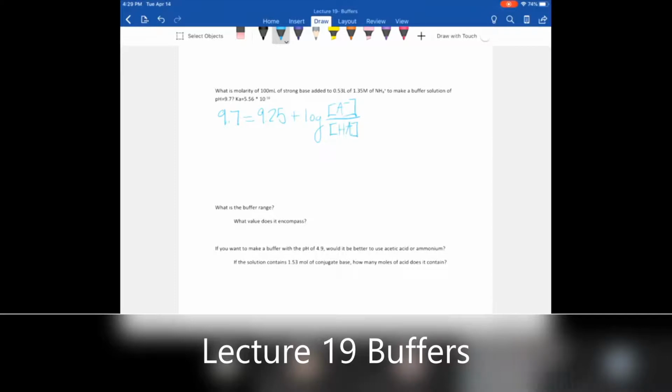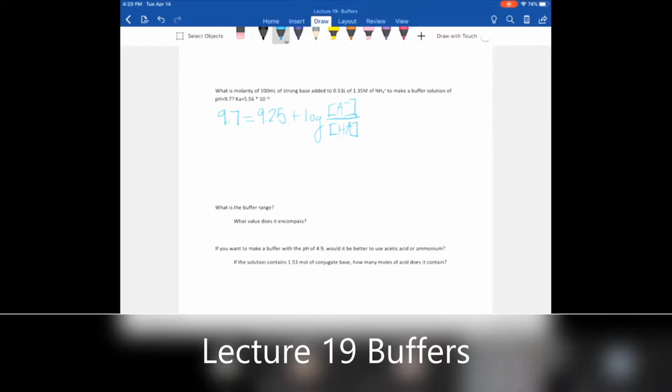So one question I want to ask you guys before we start: after you add your strong base, does your HA concentration still equal 1.35? Does your acid concentration still equal 1.35 after you add your strong base?